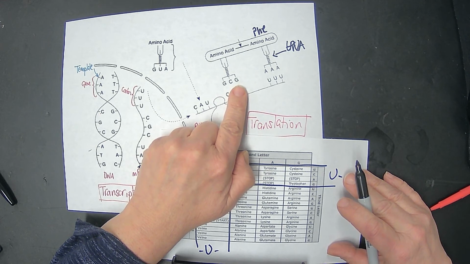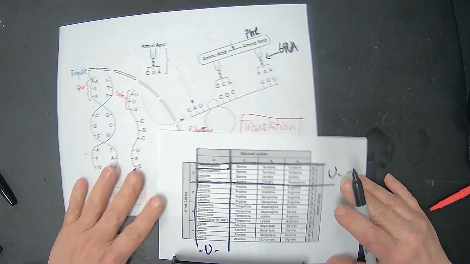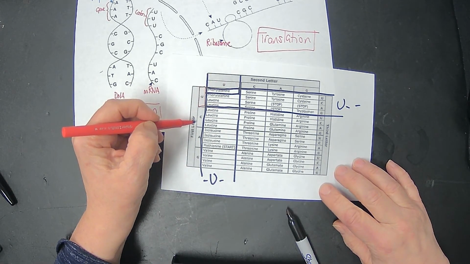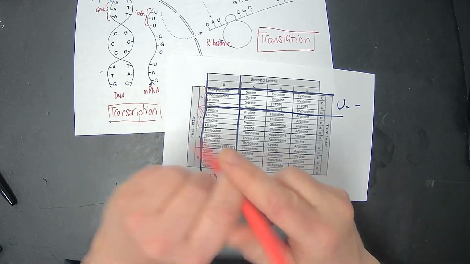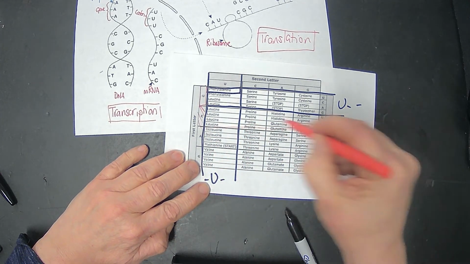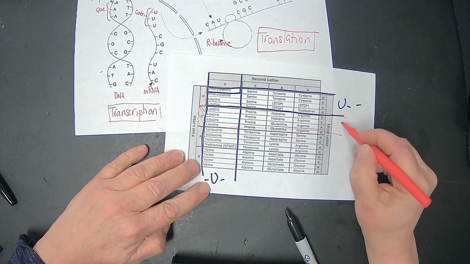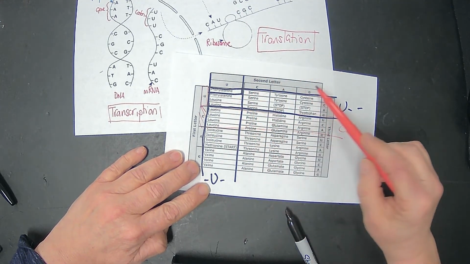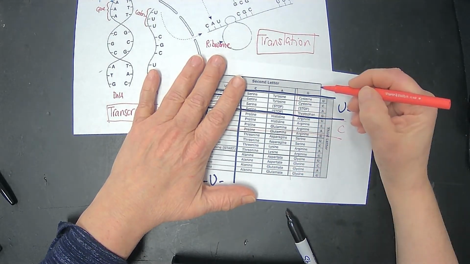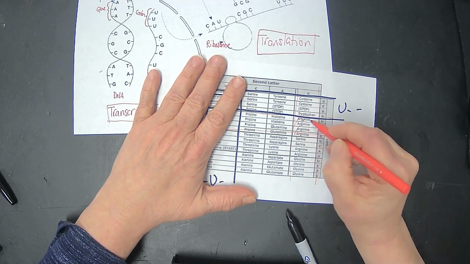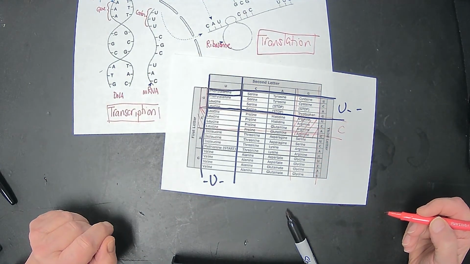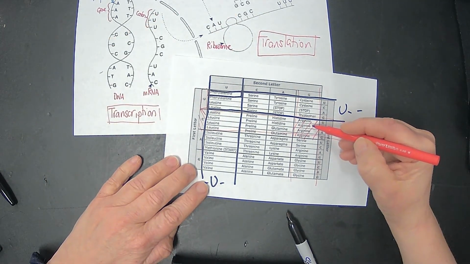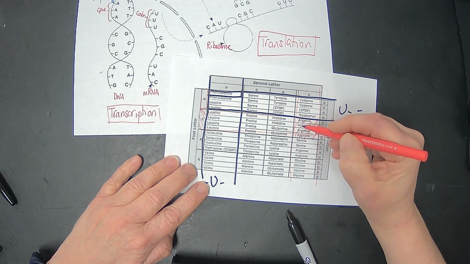This one here is CGC. Come back to my codon chart. First letter is C. So everything in this section here starts with a C. The next letter is a G. So I come up here, second letter's G. So everything in this box right here is CG, and then the third letter is a C. So come over here to CGC, and it's ARG, arginine.